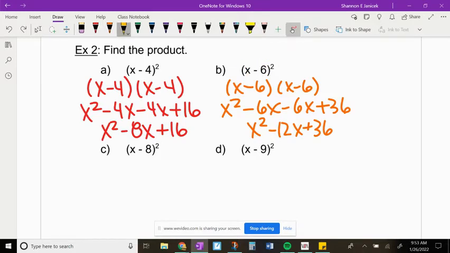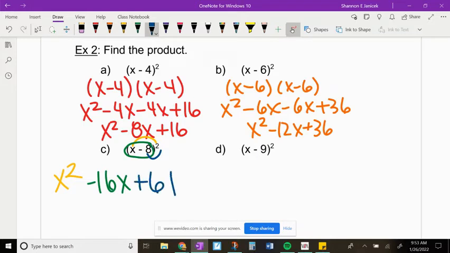So if we wanted to do this the shortcut way, I have x squared. For my middle term, I'm going to take the inside, multiply them together, and then double them. So I have negative 8x times 2, which is negative 16x. And then my last term is going to be negative 8 squared. So negative 8 times negative 8 equals a positive 64.